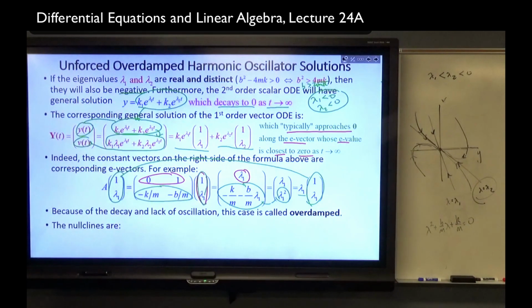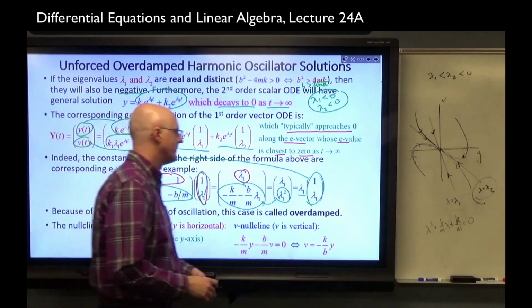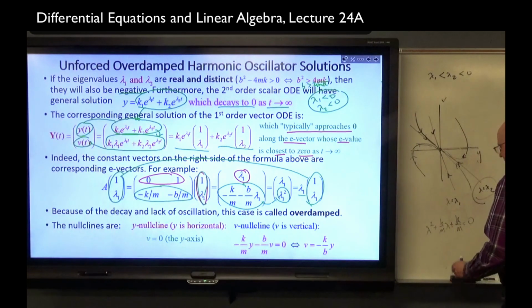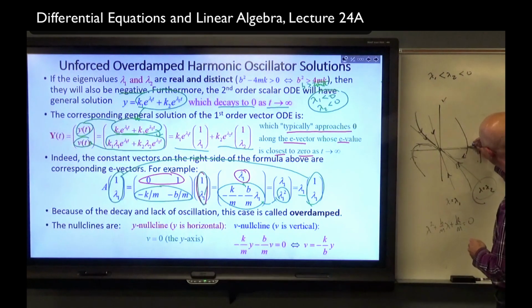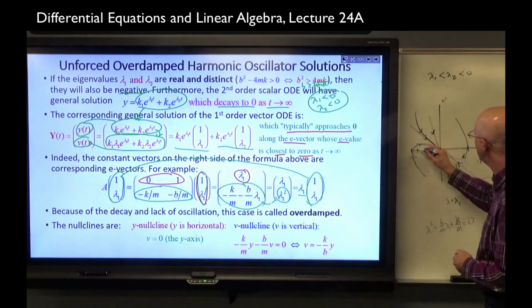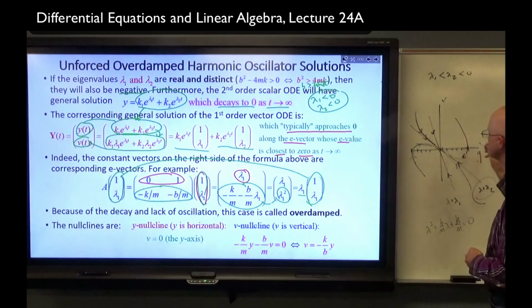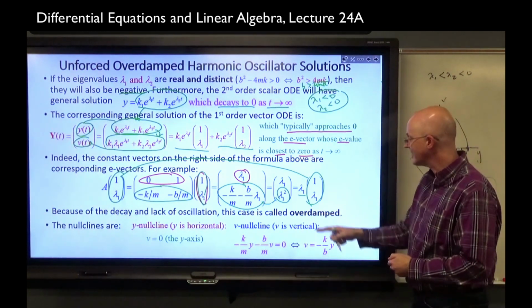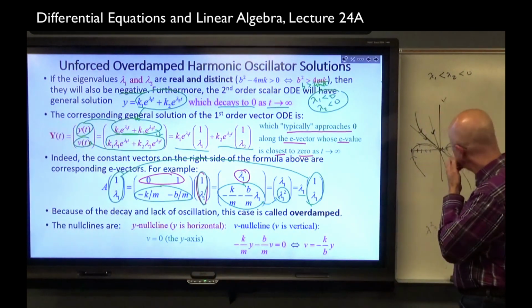The null lines are these two things. The y-null plane is the y-axis, so I did purposely try to make these solutions cross that with vertical tangents. Other solutions cross it with vertical tangents as well. And the v-null plane, which you cross with horizontal tangents, is this line.